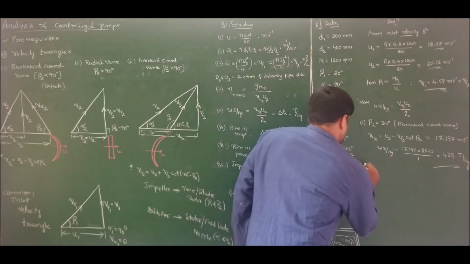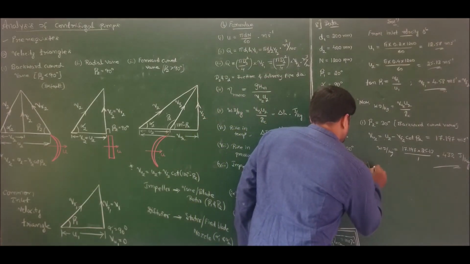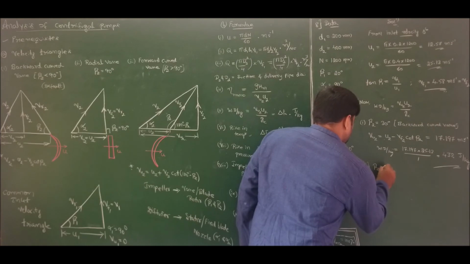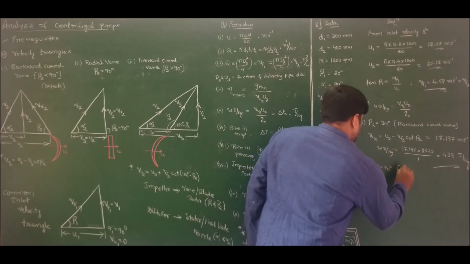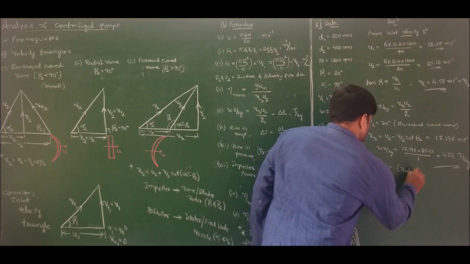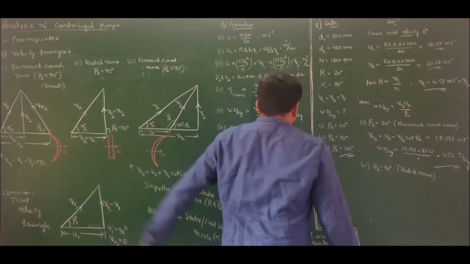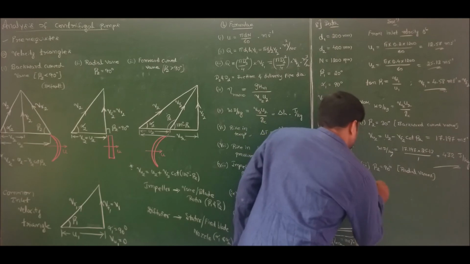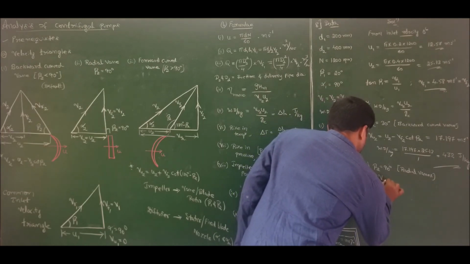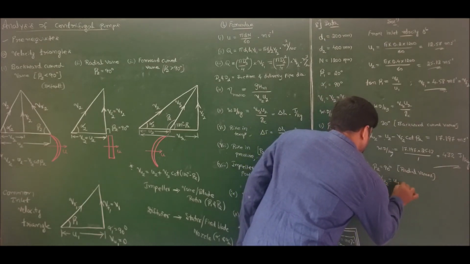Now coming to beta 2 equal to 90 degrees. It is for radial vanes. We should redraw the radial vane outlet velocity triangle. For this you already know Vu2 is equal to u2.